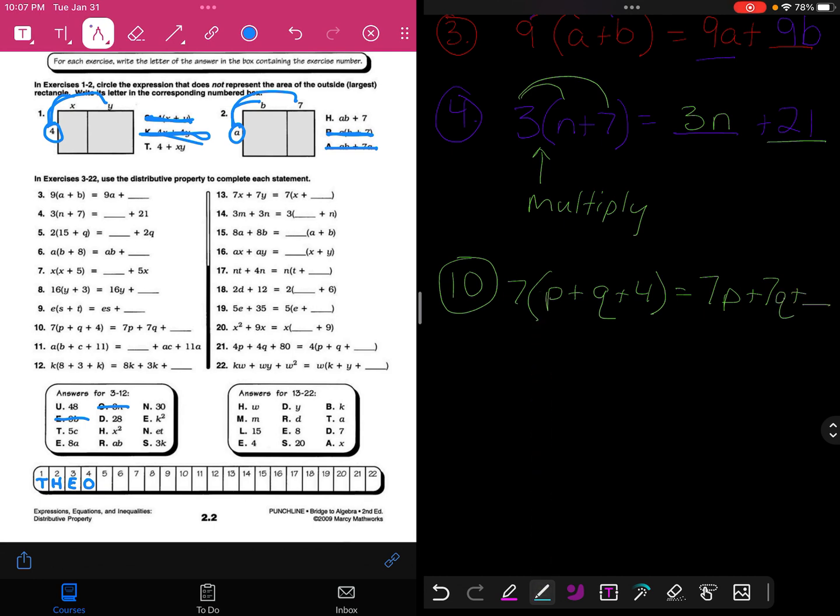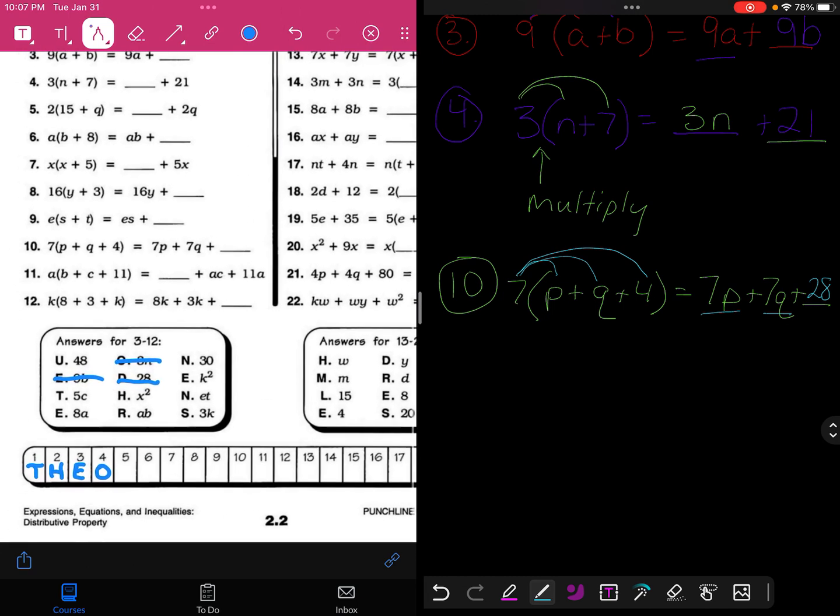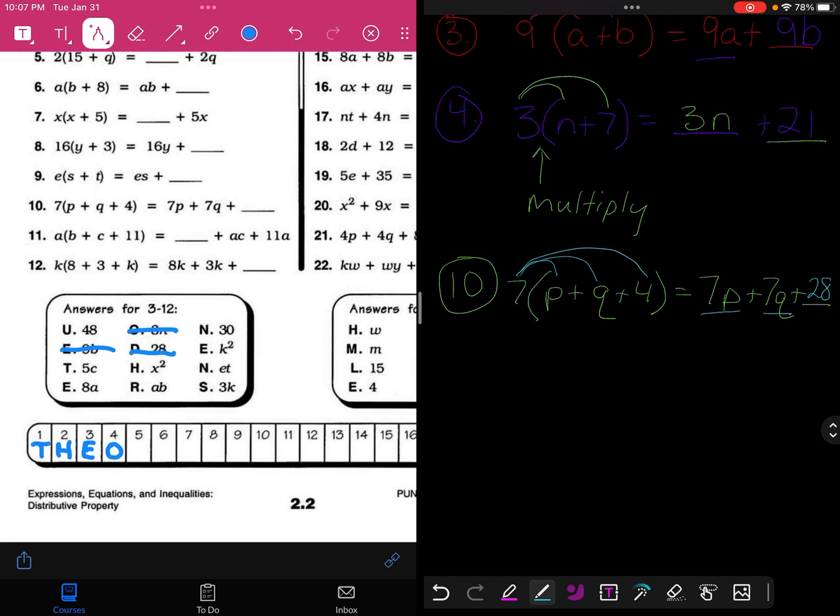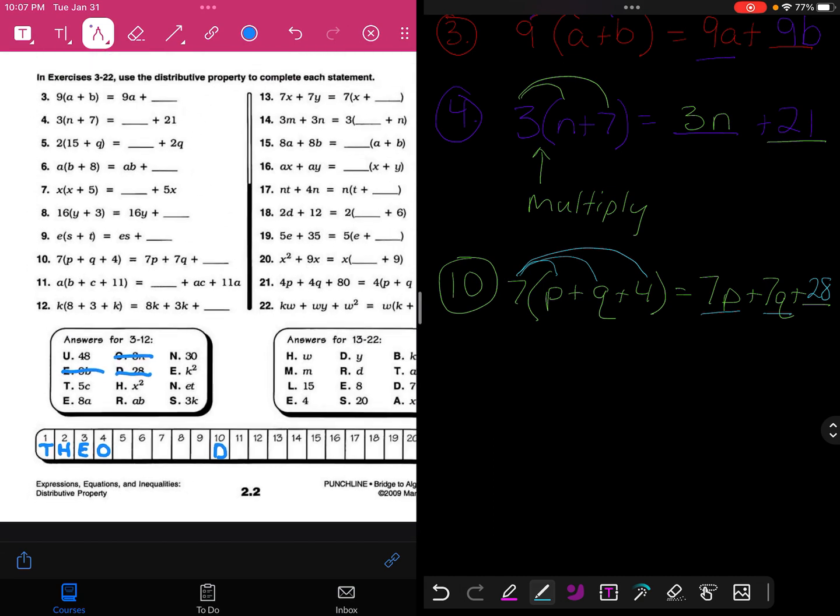So we have 7 times P, which is here, 7 times Q, which is here, and then 7 times 4, which is 28. And that is going to be letter D. So we're going to put letter D in number 10. Make sure you put it in number 10, not number 5.